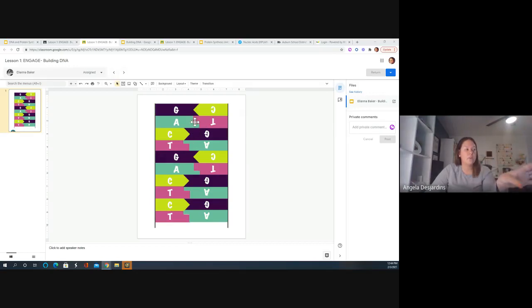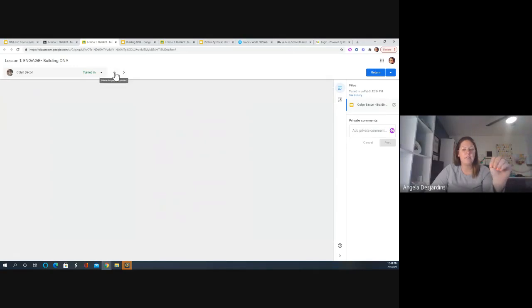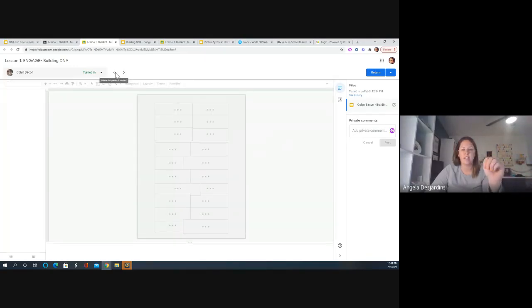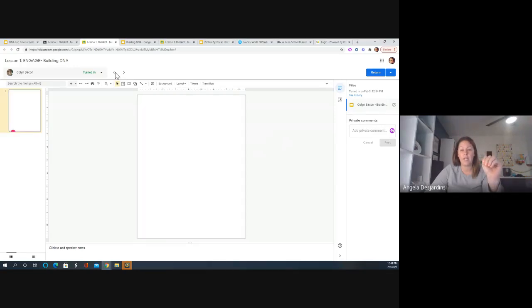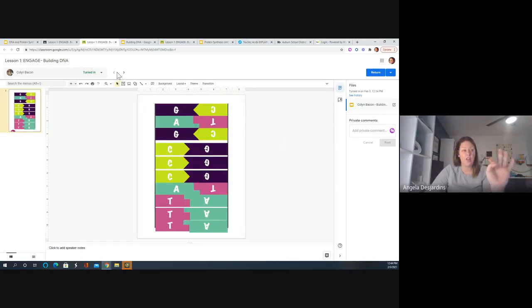Notice how Ellie's diagram looks absolutely 100% different than Colin's, which probably looks 100% different than the one that you created. But like I said, all of them are correct. The thing that they all have in common is that all the A's and T's are linked together and all of the G's and C's are linked together.